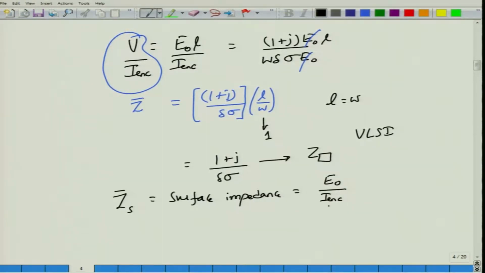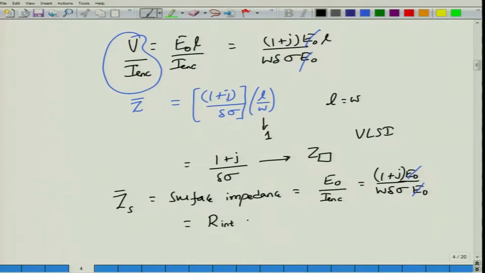So E0 divided by I enclosed, and this will be equal to (1 plus j) divided by W delta sigma, times E0 is also present. So luckily again E0 cancels on both sides.